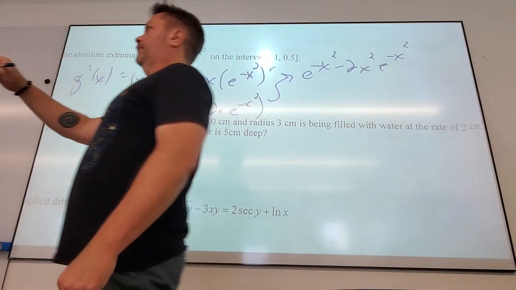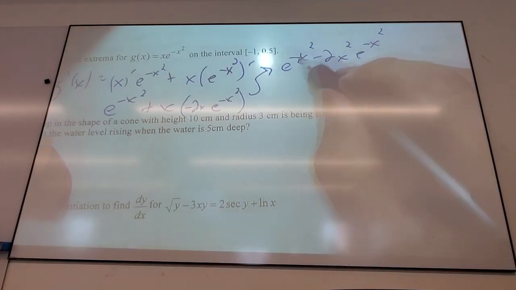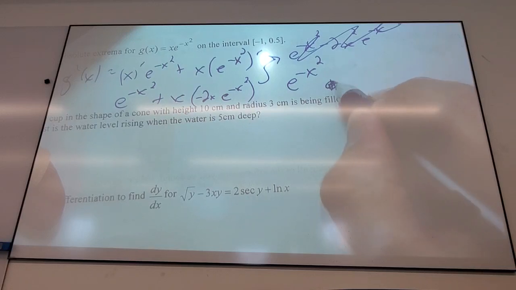We took the derivative, and now I want to find the critical numbers. Where did critical numbers come from? Where it's 0 or undefined. Is that ever undefined? That looks like everything's in the exponent there. I wrote that weird. Is that ever undefined?